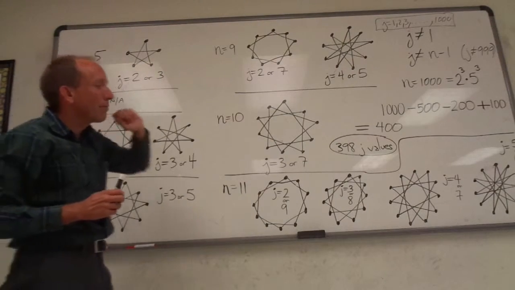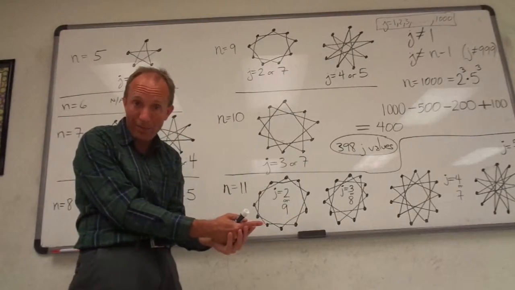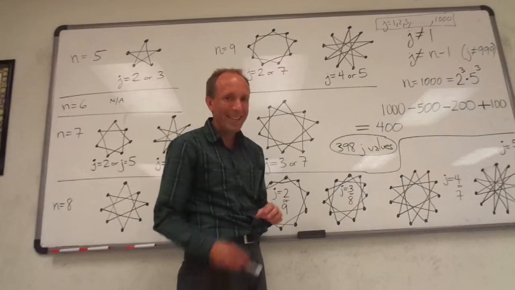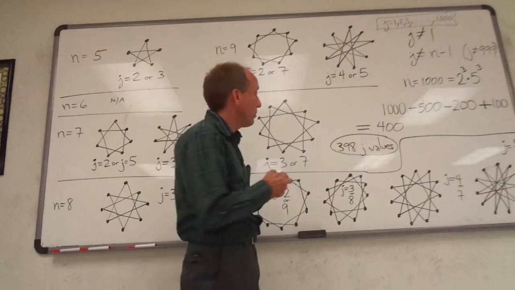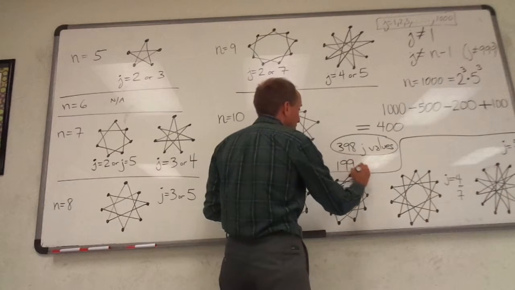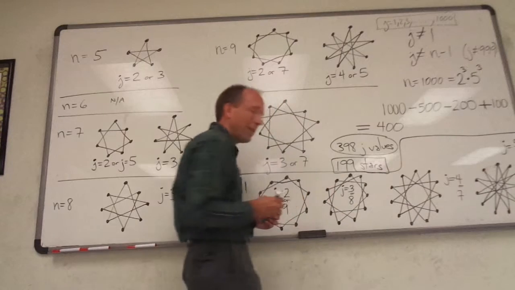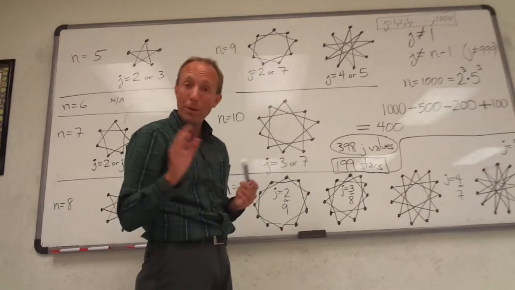So for every 2 j values, we only get 1 star. So if I have 398 j values, I have to divide that by 2, which gives me 199 stars. And that is actually the answer to the question. 199 stars. Okay.